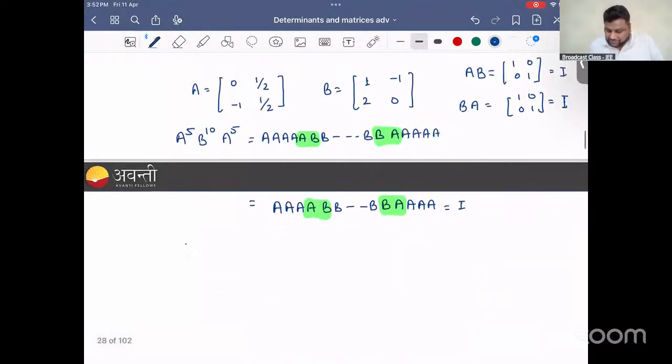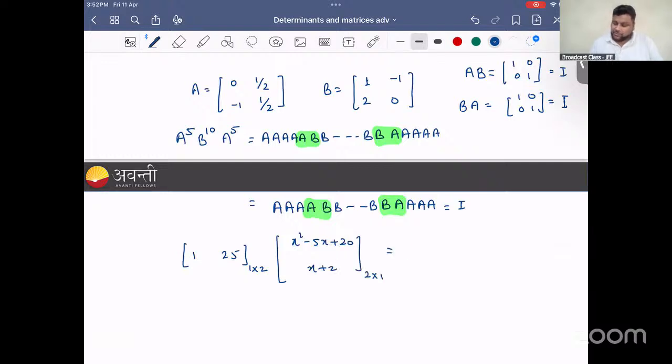So what are you left with? [1, 2] of order 1 by 2, into [x square minus 5x plus 20; x plus 2] of order 2 by 1. And if you multiply them, you get a matrix of order 1 by 1, which is a single entry matrix. That would be this multiplied by this.